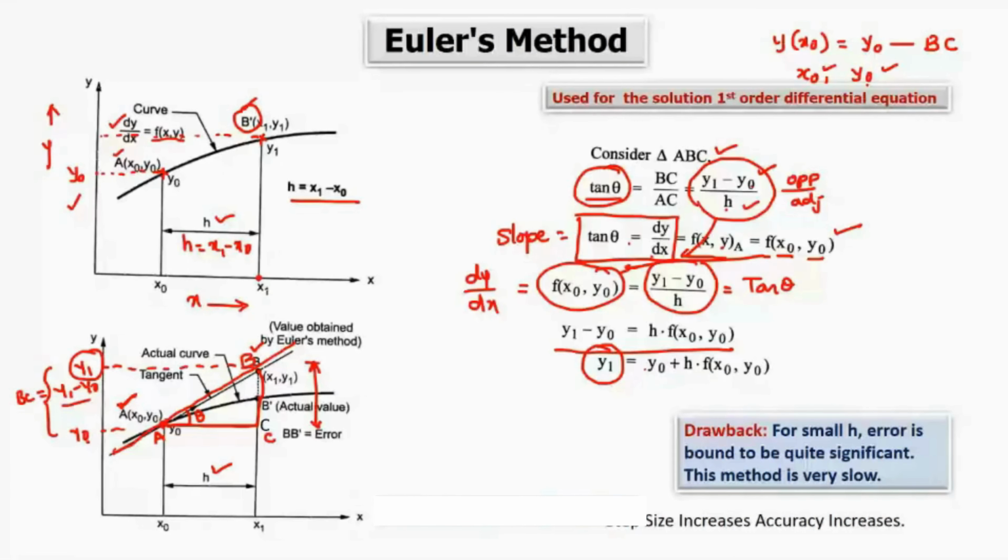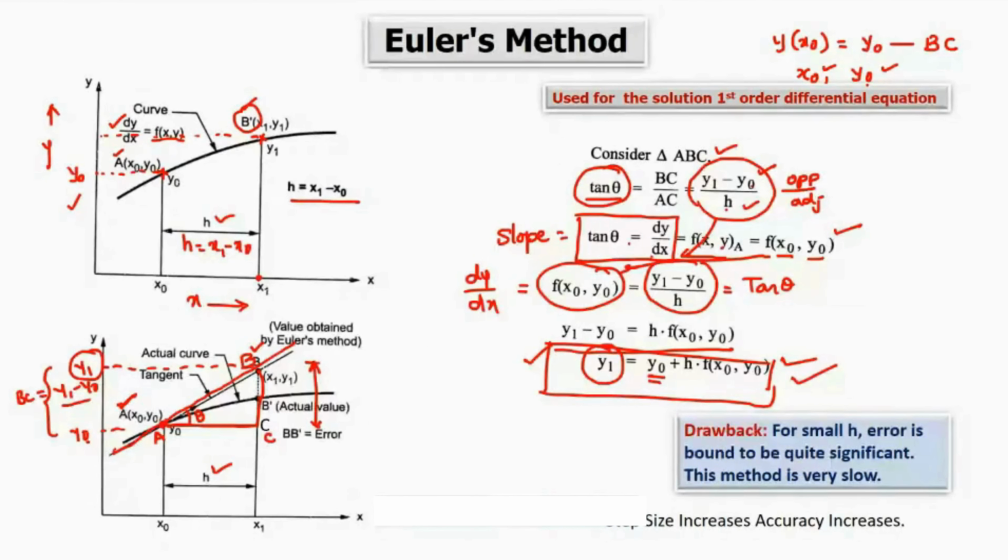So y1 is equal to y0 plus h into f of x0, y0. This is the equation derived based on the tangent concept, and this equation is called Euler's equation. You need to remember this equation, Euler's equation.